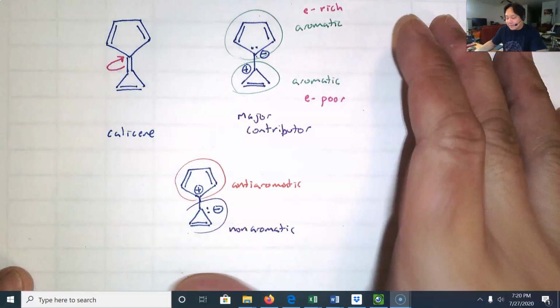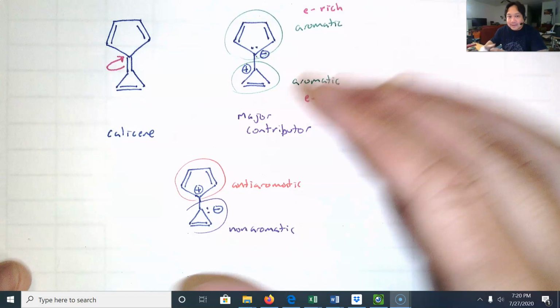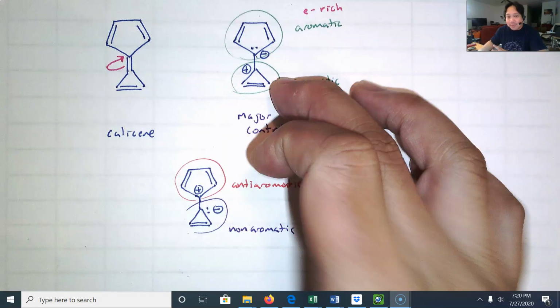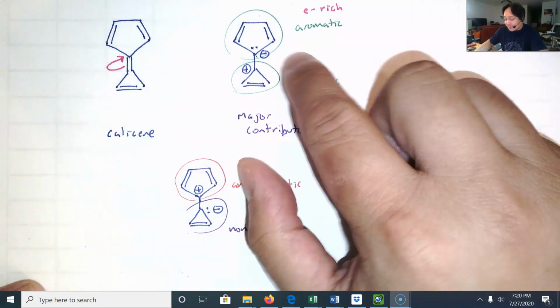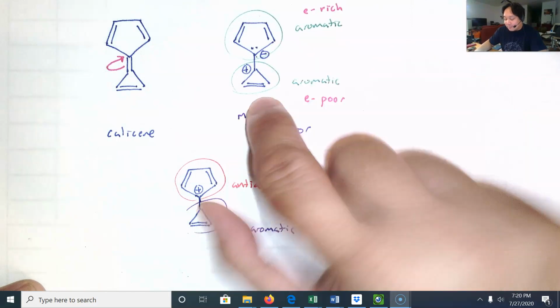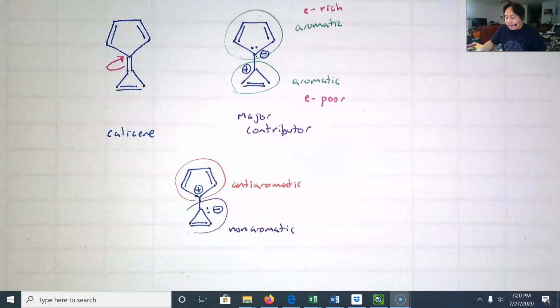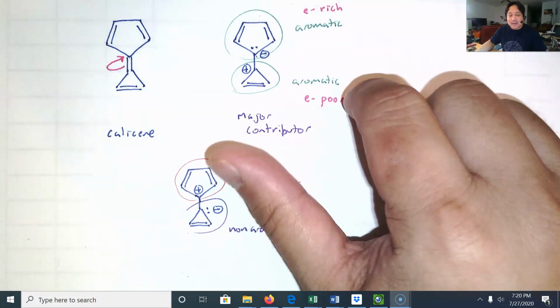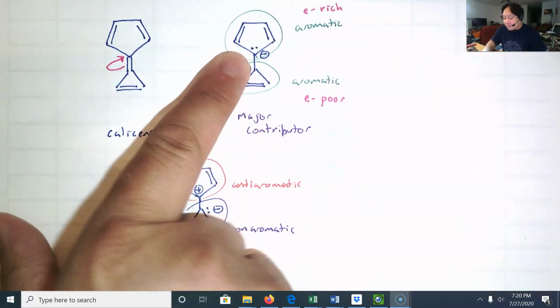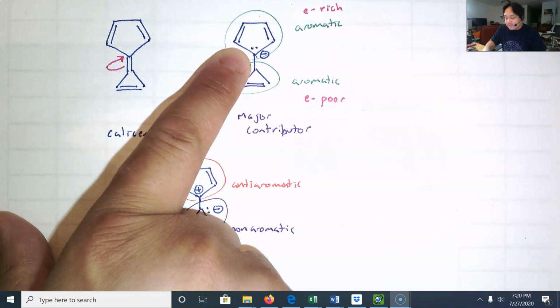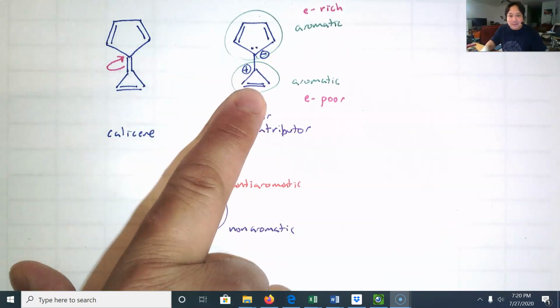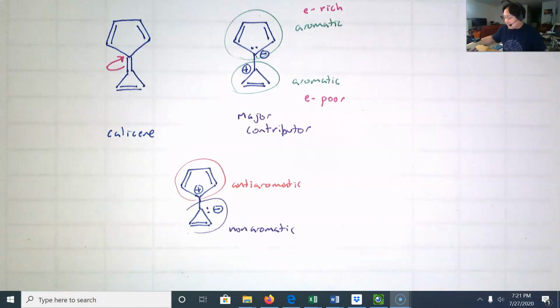So that's one of the interesting molecules where, yeah, this molecule is almost fully charged. We have an electron rich and electron poor. And for all intents and purposes, because both the rings are now aromatic, yeah, this ring is negatively charged and this ring is positively charged, and you could still have resonance.